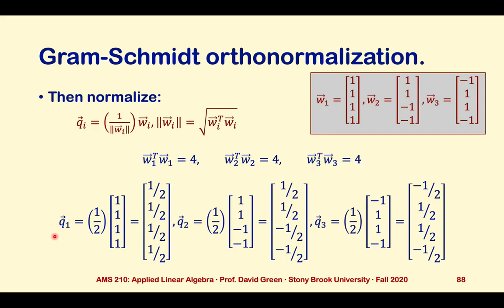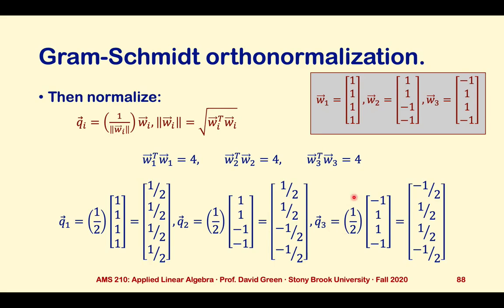For q1, we multiply by 1 over the square root of 4, or 1/2, multiplied by w1, which gives us a vector of all halves. For q2, scaling by 1 over the square root of 4, or 1/2, multiplied by w2, gives us 1/2, 1/2, negative 1/2, negative 1/2.